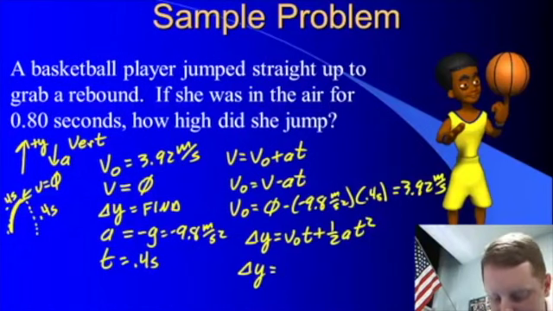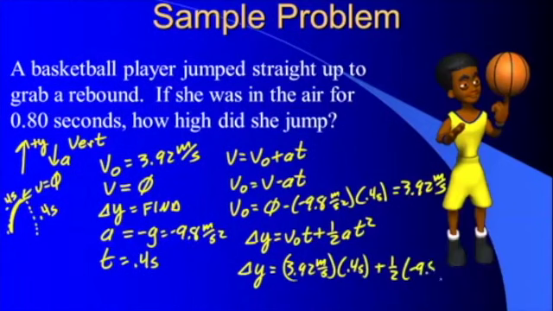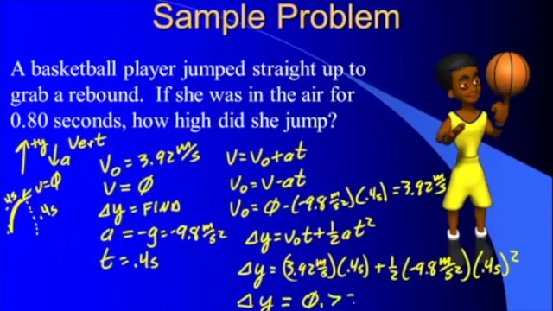Delta y equals 3.92 meters per second times our time of 0.4 seconds plus 1/2 times a, negative 9.8 meters per second squared, times t squared, 0.4 seconds squared, for a total delta y of about 0.78 meters.